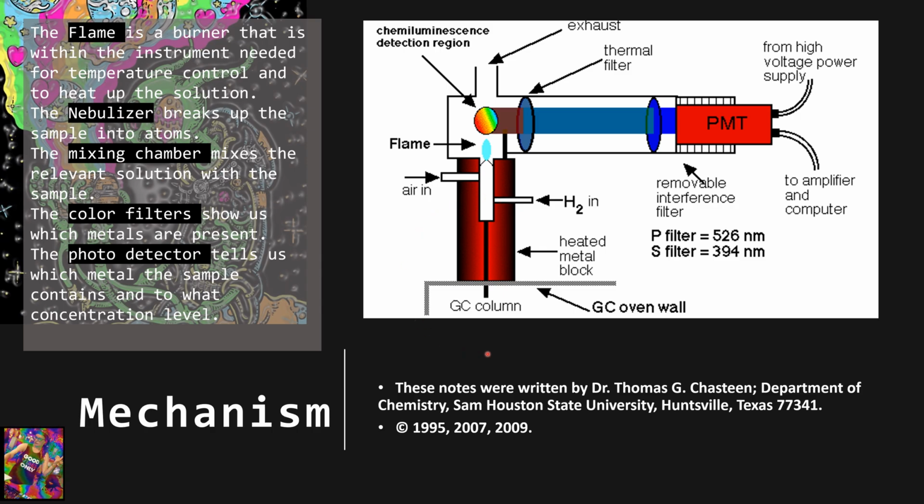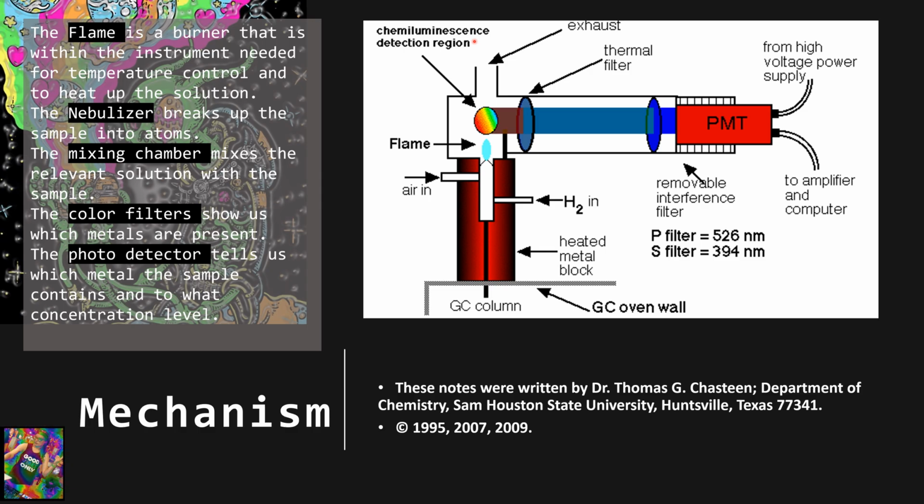The mixing chamber mixes the relevant solution with the sample. The color filters show us which metals are present. The photodetector tells us which metal the sample contains and to what concentration level.